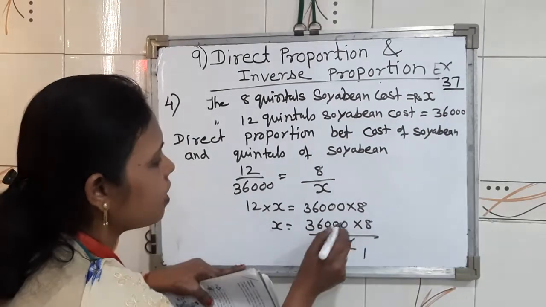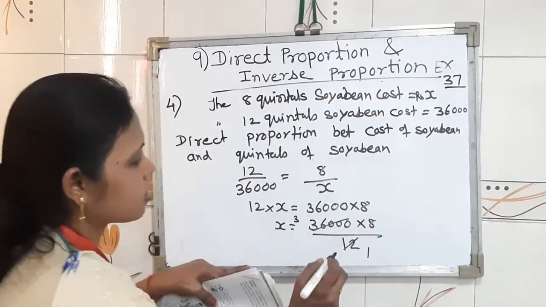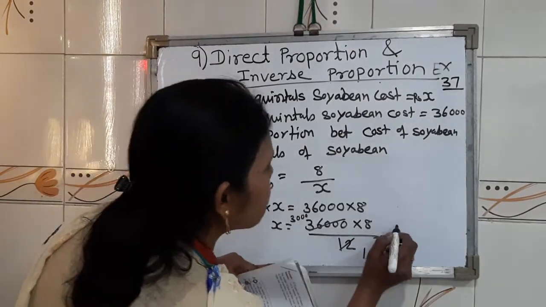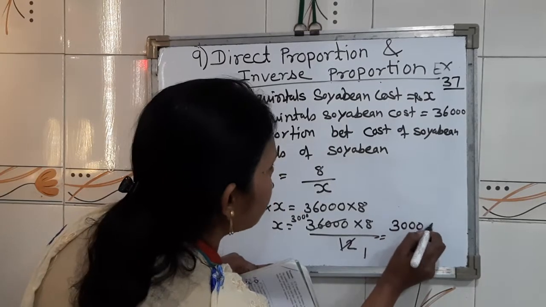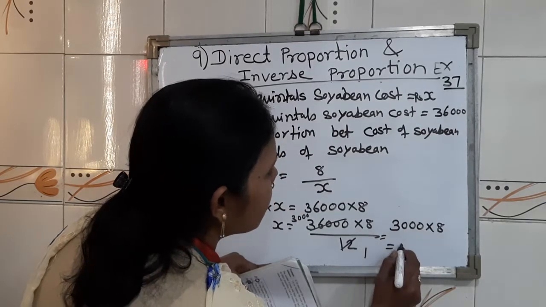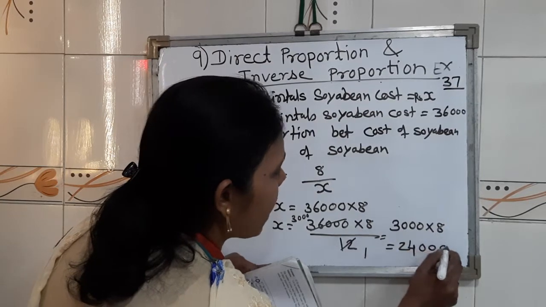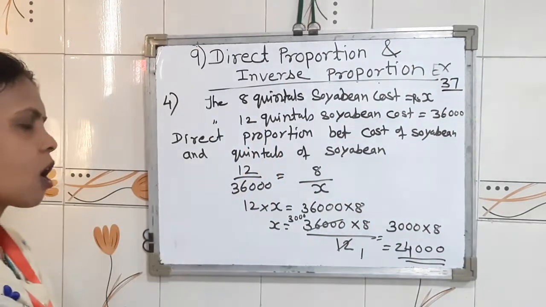12 ones are 12, 12 threes are 36, and all the 3 zeros remain. Then your answer is 3,000 into 8. 8 into 3 is 24, and these 3 zeros put as they are. Then 24,000.